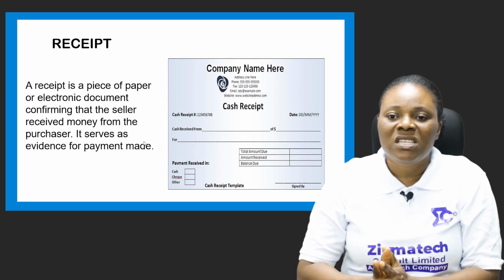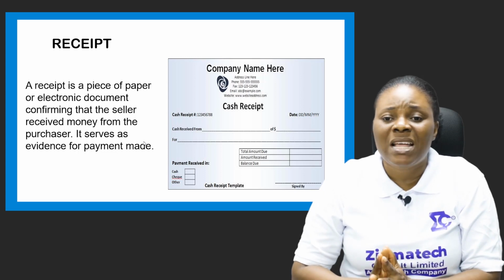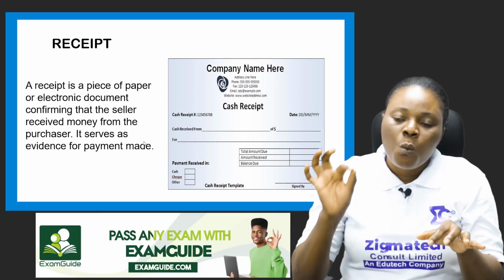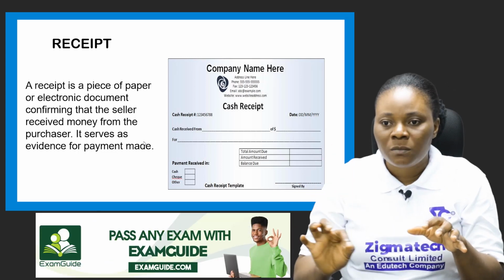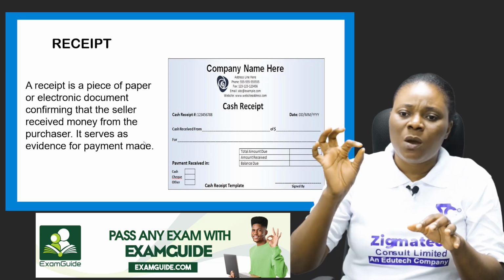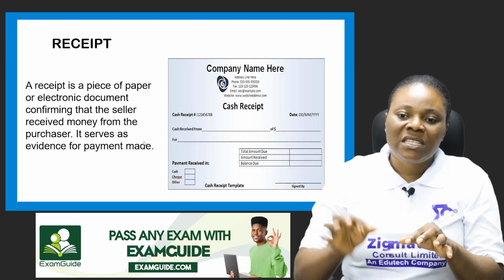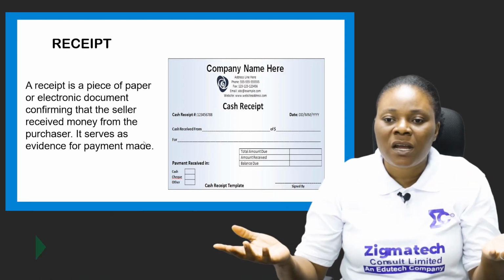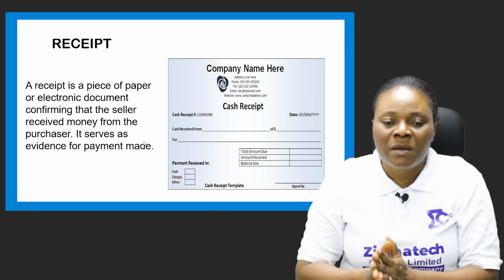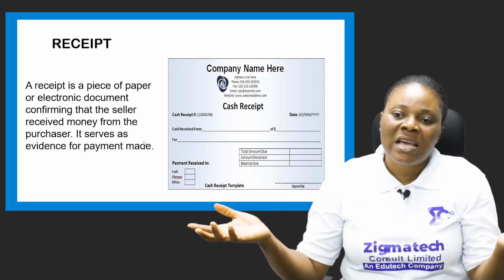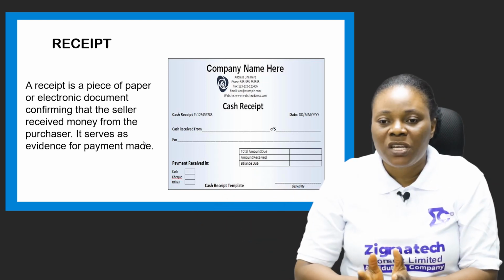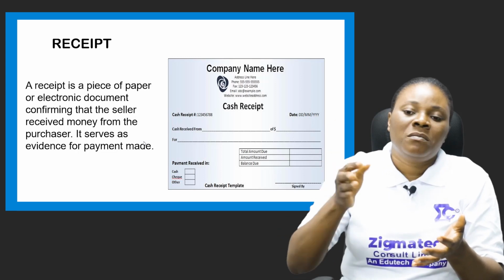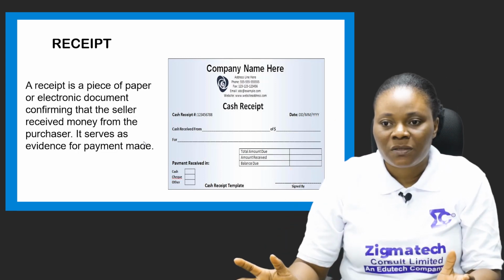So all you have on the cash receipt now is just the date you made the payment, what the payment is meant for, the amount you paid, both in words and figures, then the mode of payment. Is it cash payment, or you pay through check, or now that you have other means of payment like the use of POS machine, all these are also ticked on the receipt.